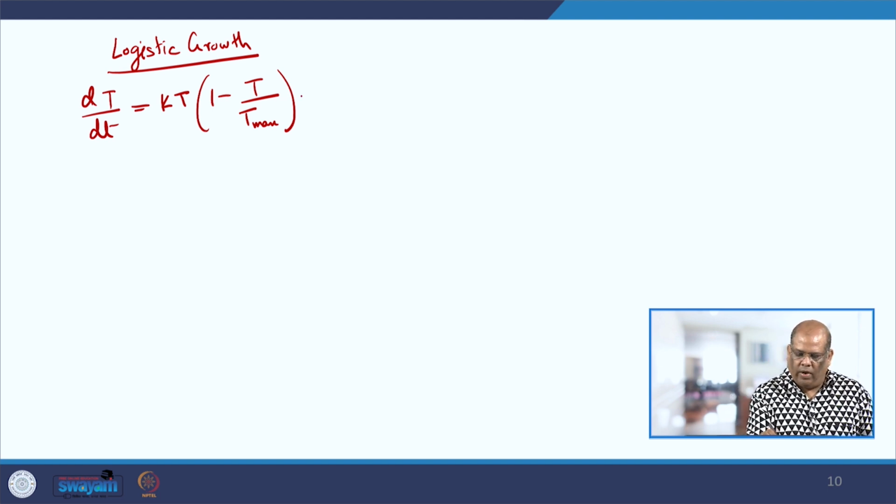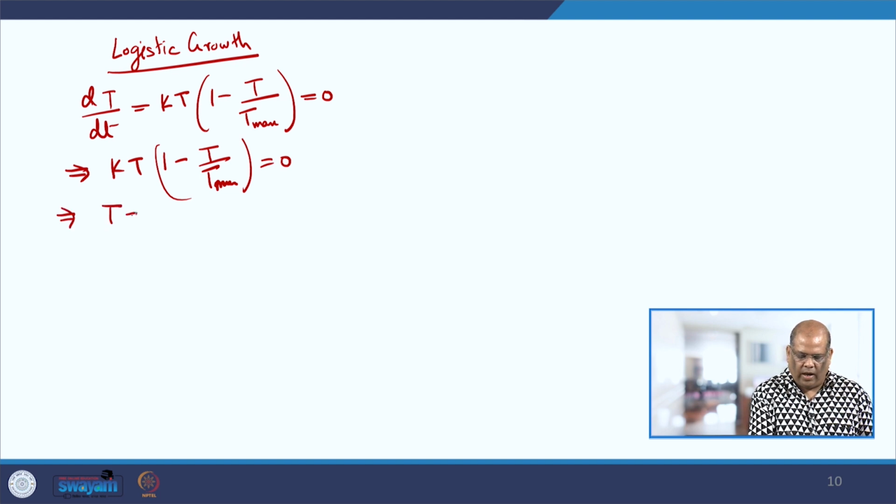So, to find the equilibrium point, we put this equal to 0 and we get KT(1 - T/T max) equal to 0. And if we solve this, we get T equal to 0 and T equal to T max.